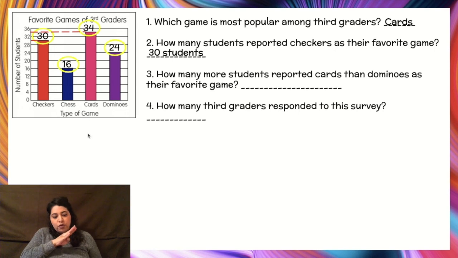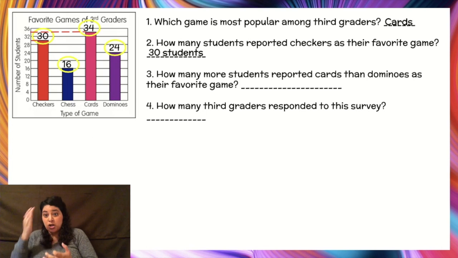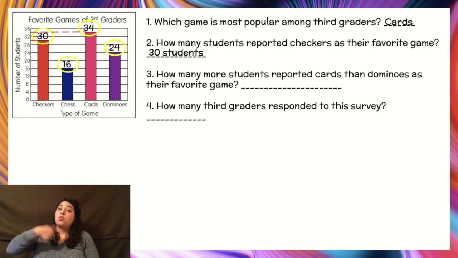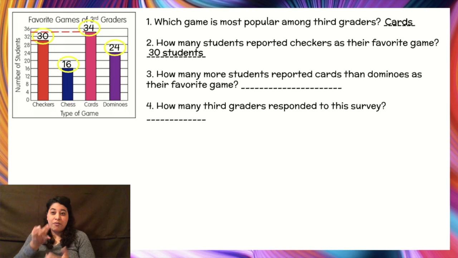They want to know the difference between the two, so we are going to be subtracting, all right? We're going to be subtracting dominoes from cards. So it should be 34 minus 24. And I want you to take a moment and just think about that setup. 34 minus 24. What's your answer going to be? Use your mental math.